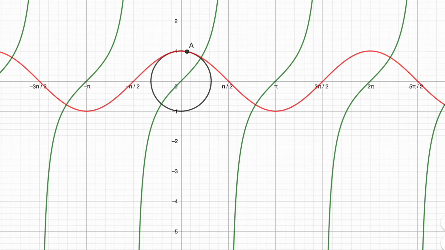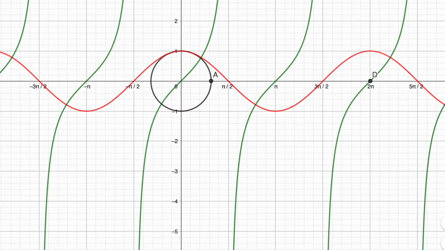And then all of a sudden at 0 it's an asymptote, and then it jumps and comes in the other side. You'll see that every time the cosine hits 0, you get an asymptote there as it moves around like that.